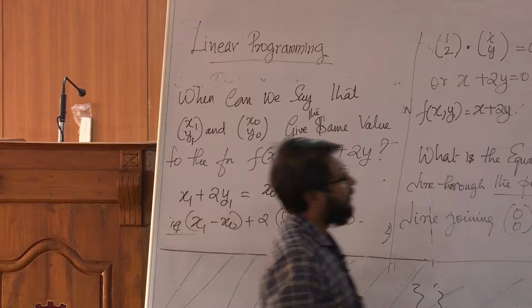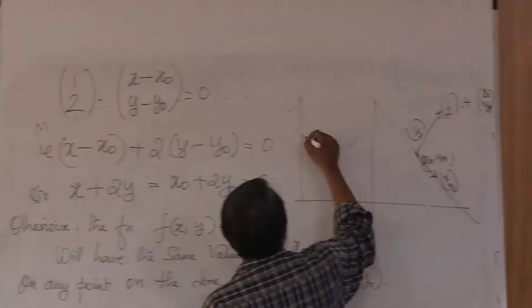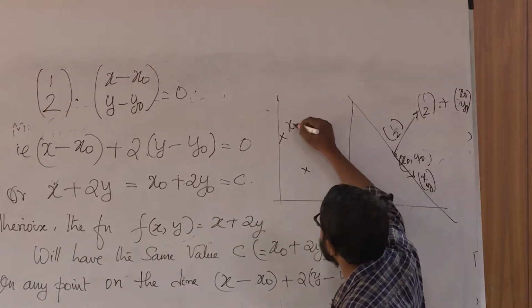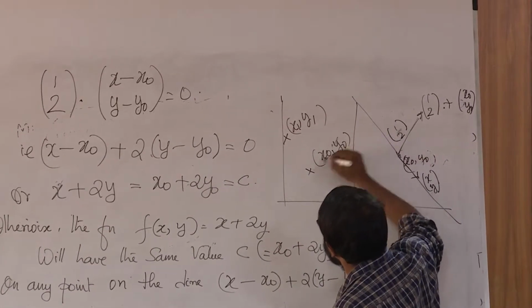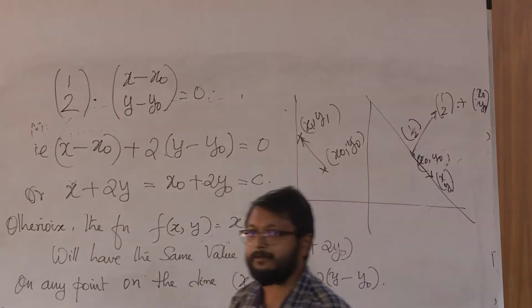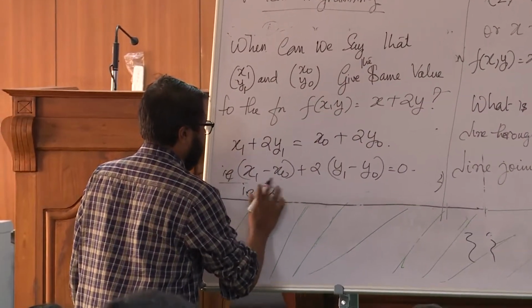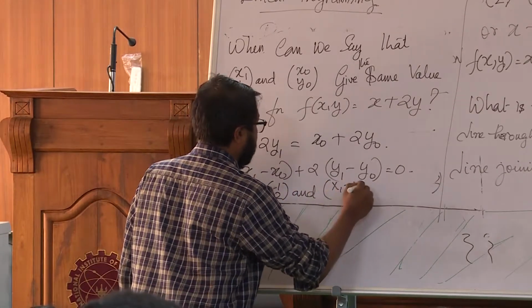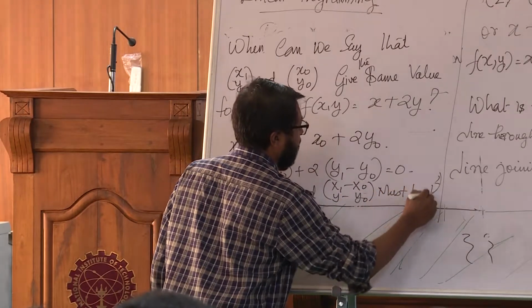Which means that if the values on this point and this point are the same, where this is x1 y1 and this is x naught y naught, then this vector has to be perpendicular to the vector (1, 2). That is, (x1 minus x naught, y1 minus y naught) must be perpendicular to (1, 2).